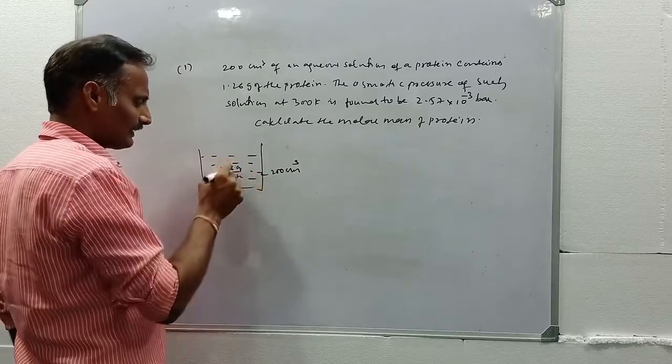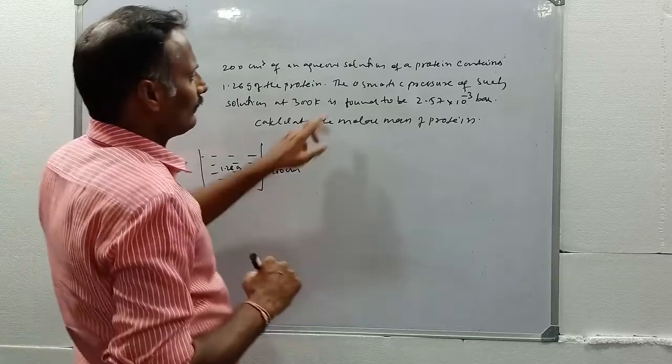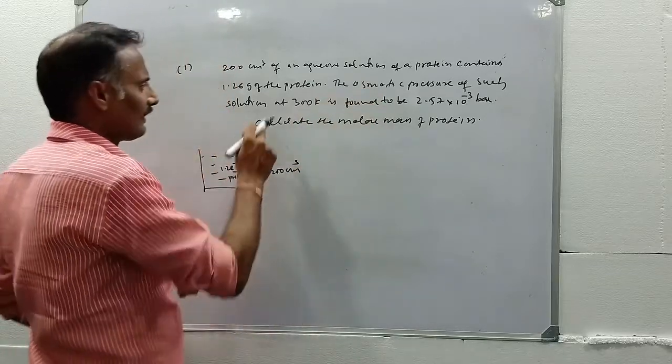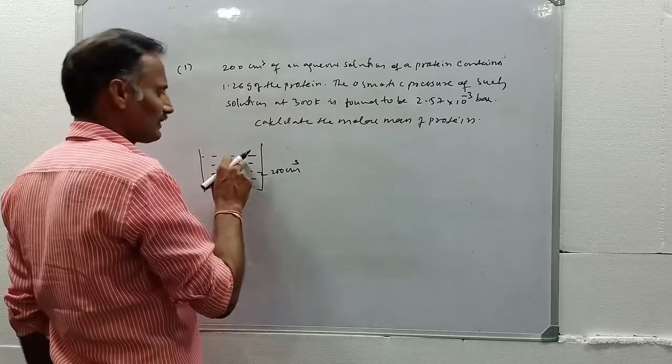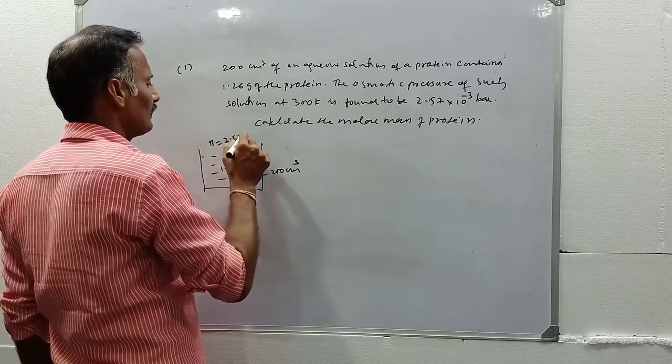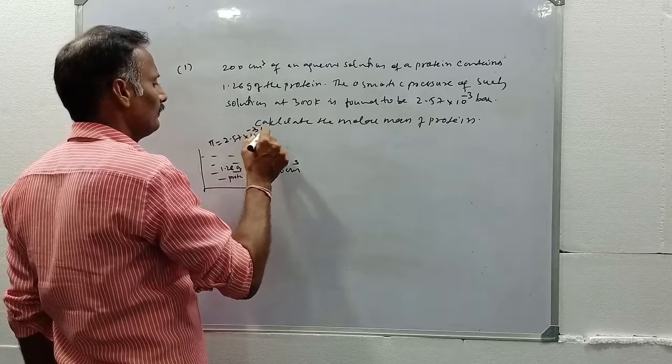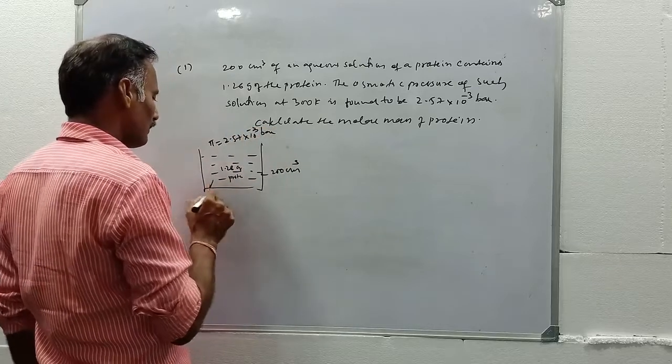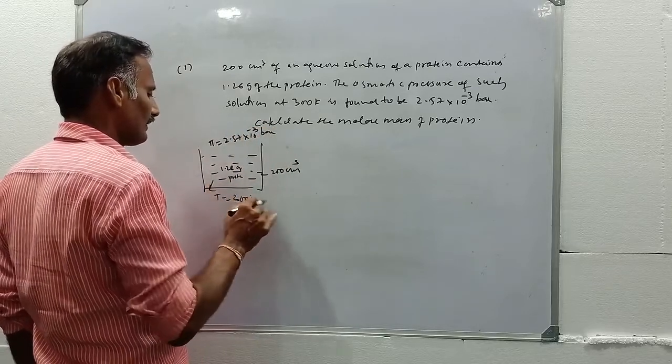The protein is the solute. The osmotic pressure of the solution at 300 Kelvin is π equal to 2.57 into 10 to the power of minus 3 bar, and the temperature is 300 Kelvin.